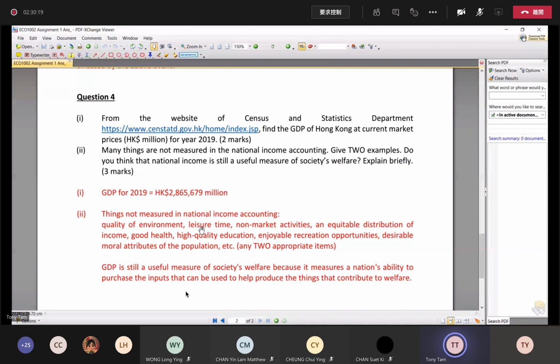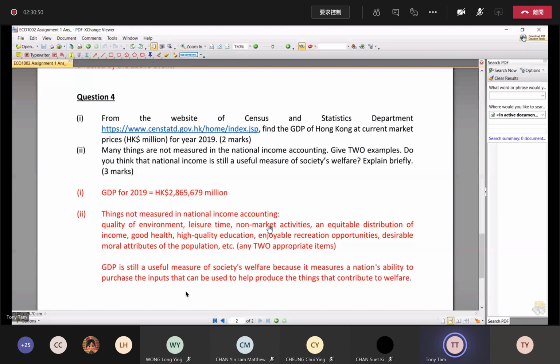And someone said about the transfer payment, welfare payments. It is no point for GDP calculation because if you are the household and you receive the transfer payment, what will you do with it? Most likely, if you get the transfer payment, you will do the consumption, right? So that will be recorded in the GDP. That will be recorded in the GDP.